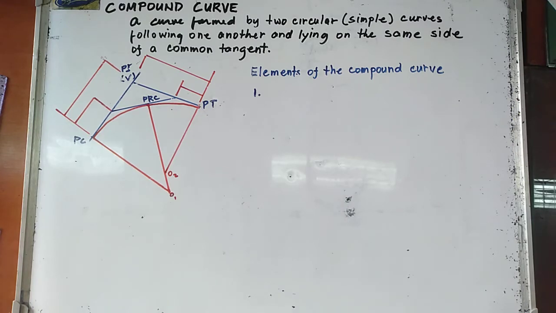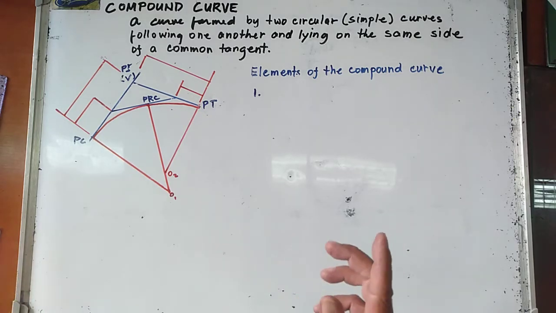A compound curve is a curve formed by two circular or simple curves following one another and lying on the same side of a common tangent.